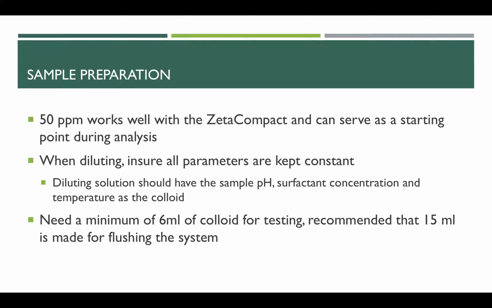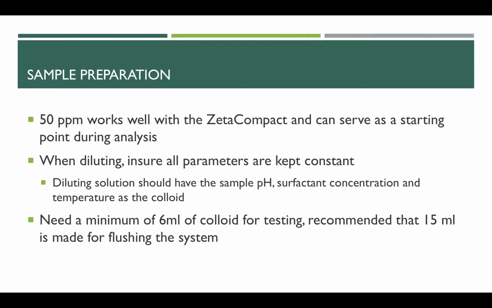As mentioned before, the pH, temperature, and the addition of electrolytes and surfactant can affect the stability of the colloid. Therefore, make sure that the solution used for dilution has the same pH, surfactant and electrolyte concentration, and temperature as the colloid you're diluting. Otherwise, you can end up with inaccurate data.